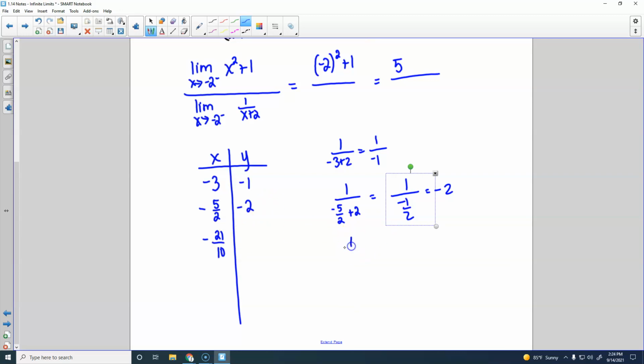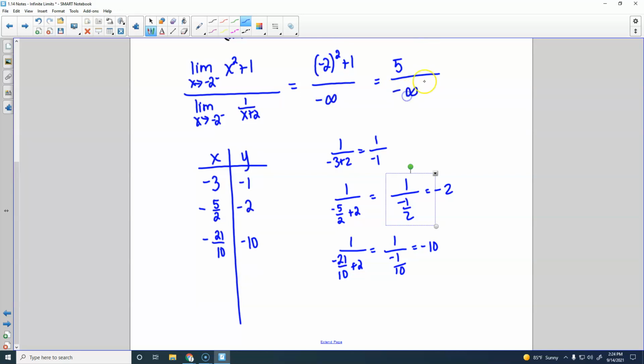So 1 over -21 over 10 plus 2 would be 1 over -1/10, right? And -10. So what does it look like is happening here? Negative infinity.